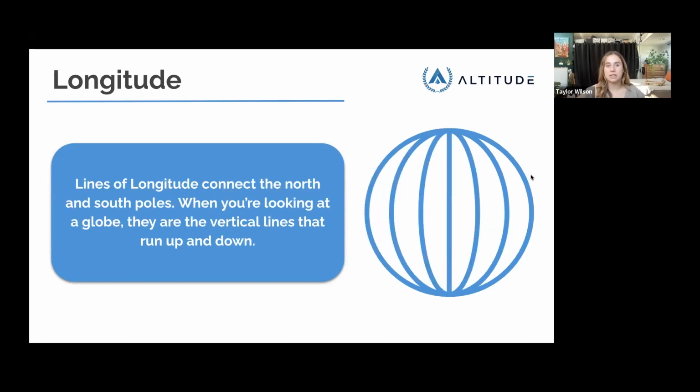Then we have our lines of longitude. Our lines of longitude connect our north and south poles. When looking at a grid system or at our charts, they're the lines that run vertically, so they run up and down.